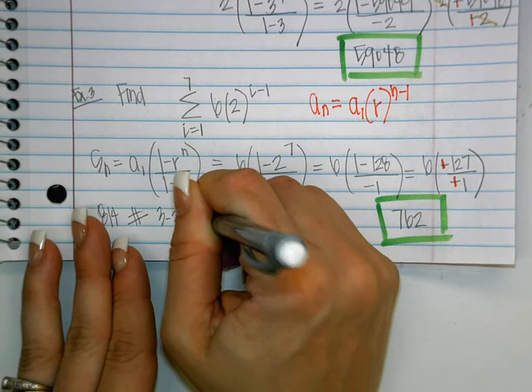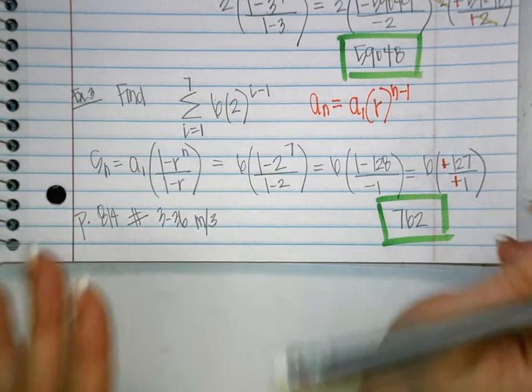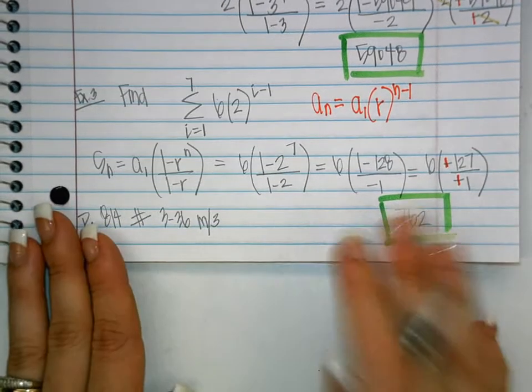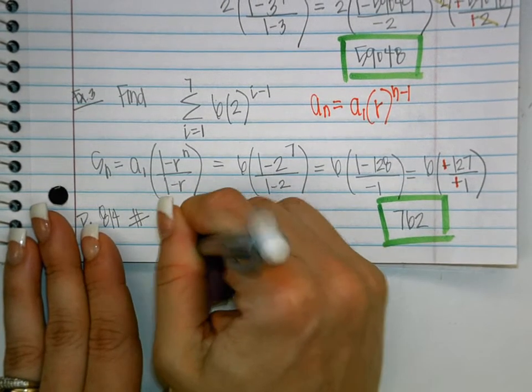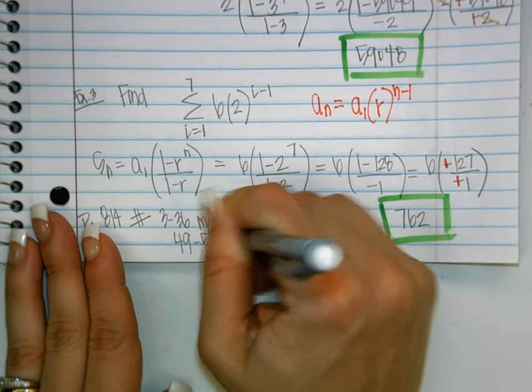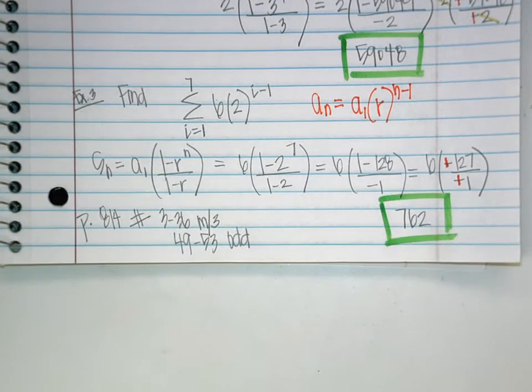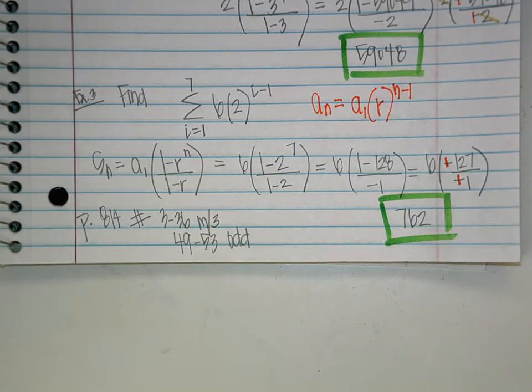So count by 3s, just like we did yesterday: 3, 6, 9, 12. And 49 through 53 odd. Page 814, numbers 3 through 36, multiples of 3, and numbers 49 through 53 odd.